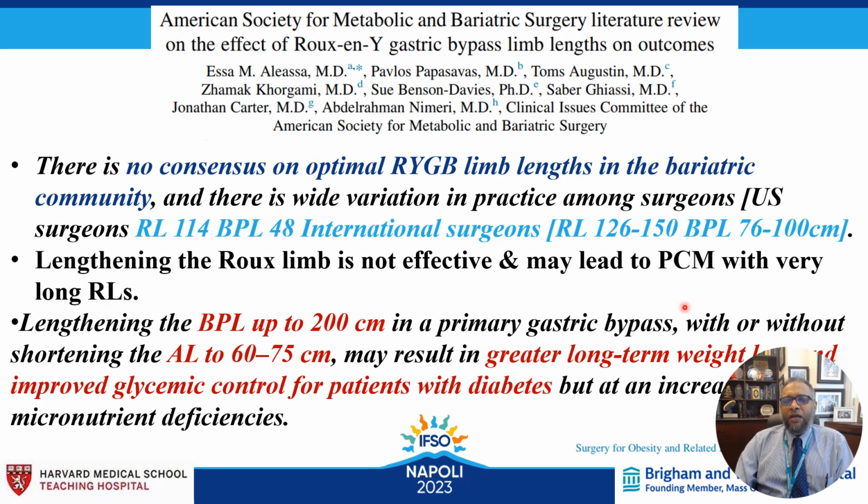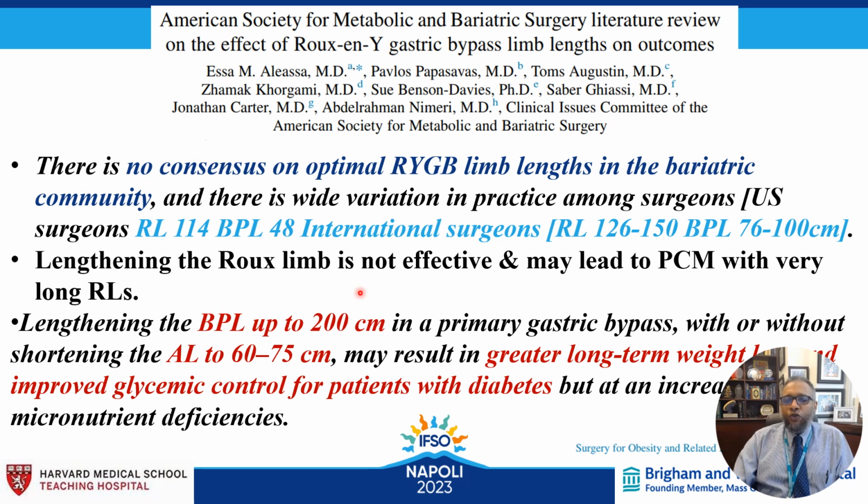And last year, ASMBS put out a review of limb length that I was fortunate to be involved in doing. Currently, there's no consensus on optimal limb length in the bariatric community. Surgeons in the US tend to make a shorter biliopancreatic limb compared to international surgeons. And it's clear that the longer you make your BP limb, the better outcomes you have.